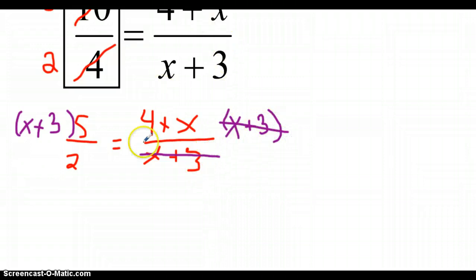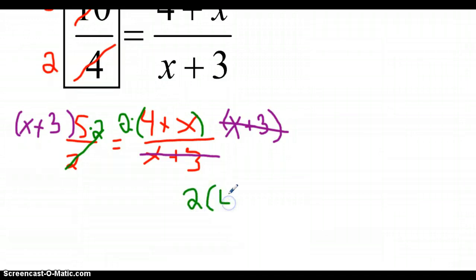Likewise, I'm also going to multiply both sides of my equation by 2. So if I multiply by 2 here, and then multiply by 2 over here, what we find is that these 2's will cancel out. So in reality, on the right side of my equation, I now have 2 times 4 plus x.